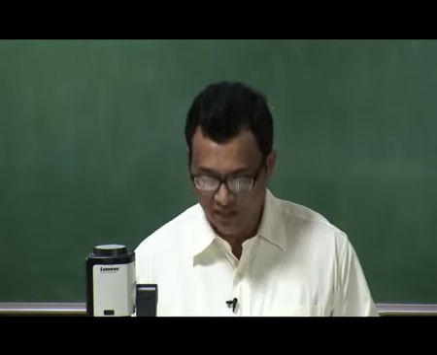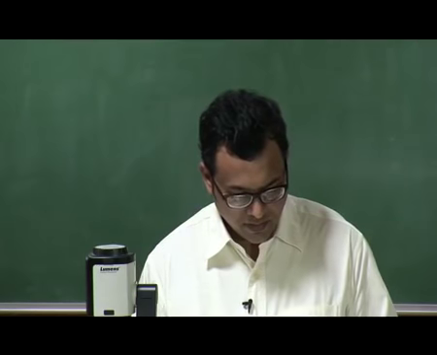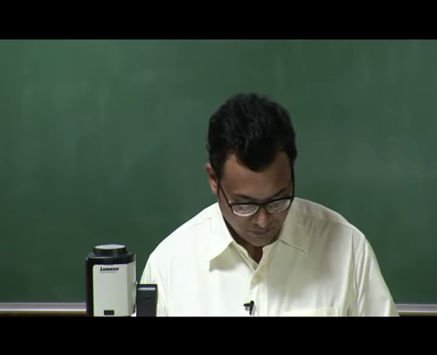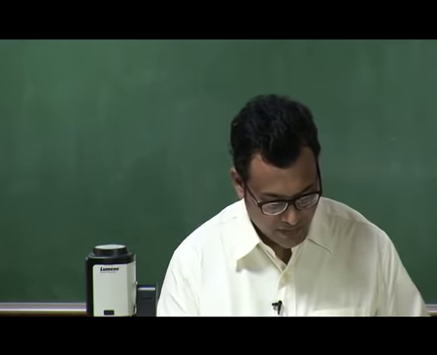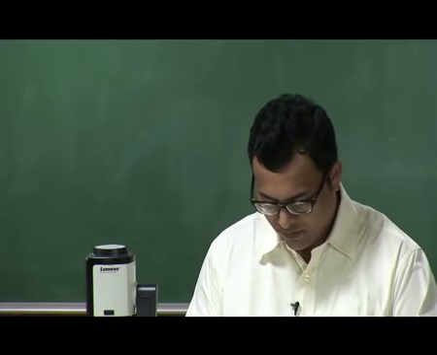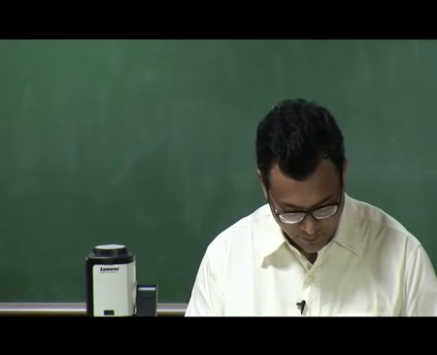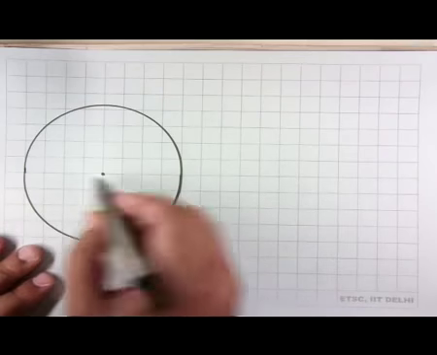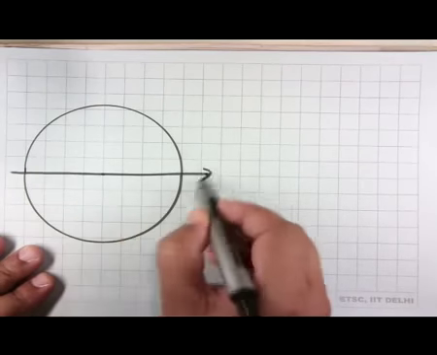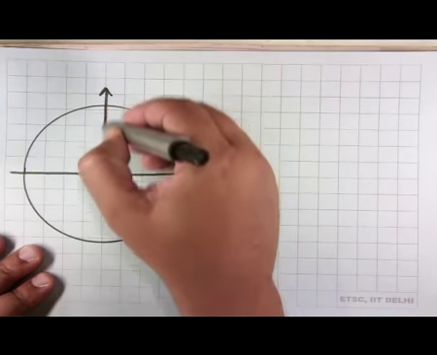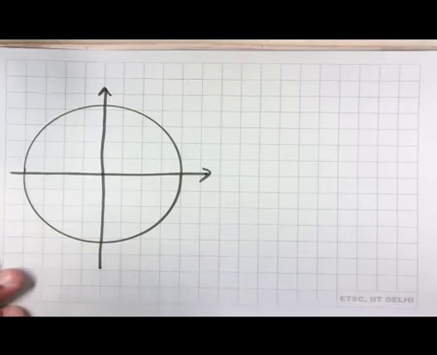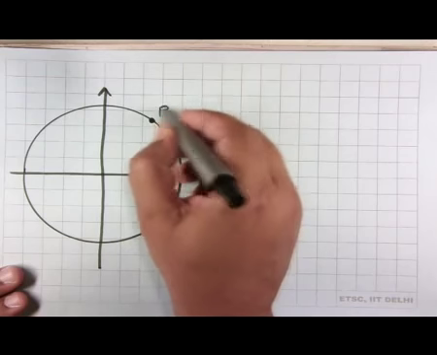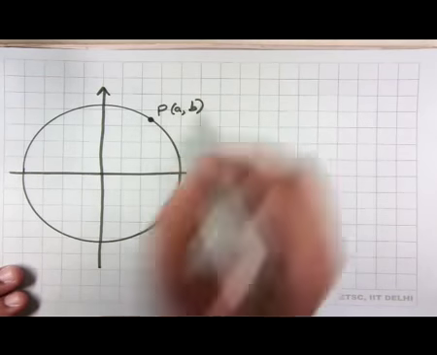There are some other properties that, given that we have defined these functions, we can discuss, that these functions will satisfy. If we go back to the previous slide where we had drawn the circle, let me draw a circle for you right now. This was the x axis, and this is the y axis here, and we had drawn this point P with x and y coordinates as a and b respectively.